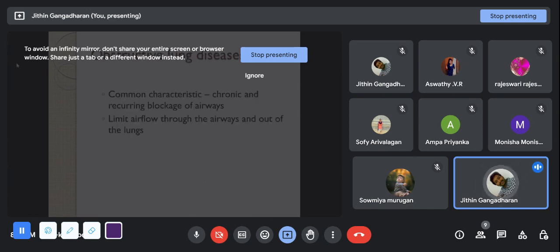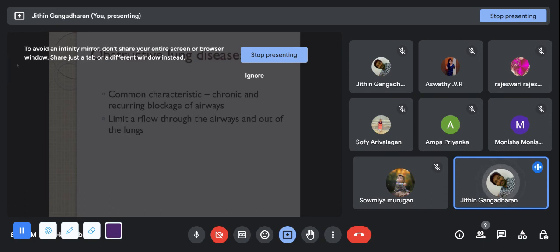Now, first one is the obstructive lung diseases. The common characteristic is that obstructive lung disease is common, and it causes a recurrent blockage of the airways. Okay, the obstructive lung disease is a chronic condition, and it causes a recurrent blockage of the airways.